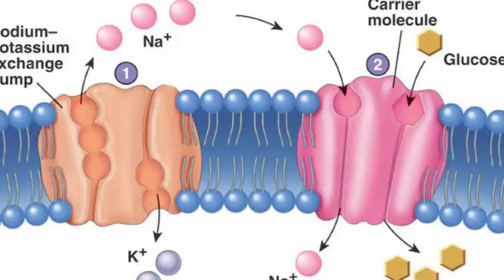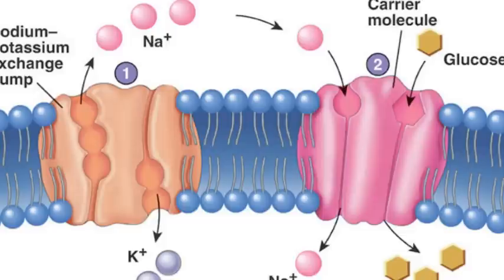And because of the action of the sodium-potassium pump, the sodium is concentrated outside the cell. So it wants to diffuse into the cell. And the pink pump allows that to happen. It allows sodium to passively move through it to get onto the inside of the cell according to its normal concentration gradient.